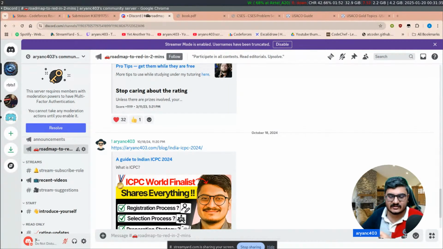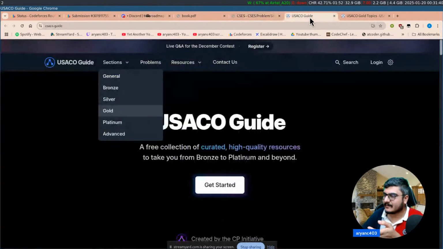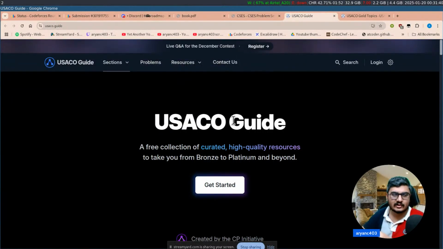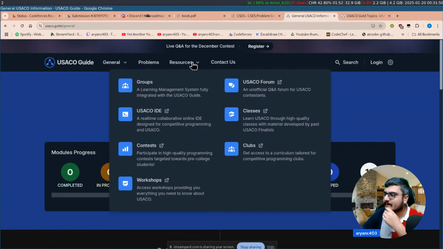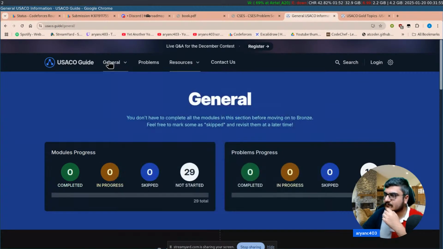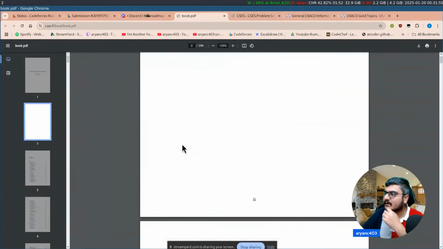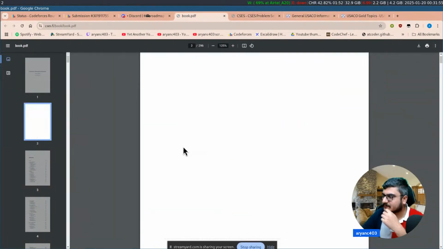Yeah, then the next question was what resources I have for C++ if someone is starting out. My recommendation depends on what your goal is. If your goal is competitive programming, then you should just look at the basic STL, the standard template library, and you can start from there. I think this book should have covered it.